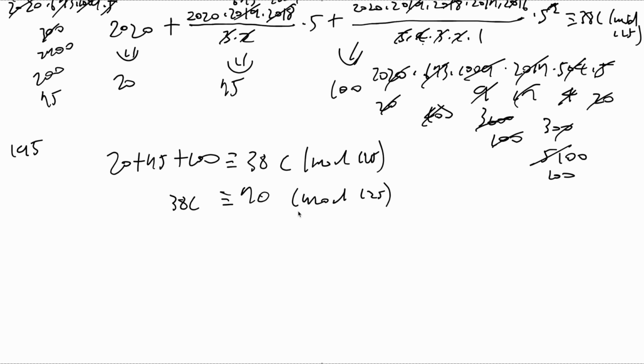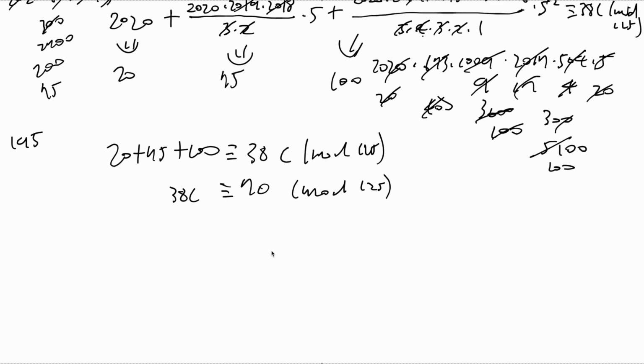I think we can divide everything by 2. We can divide everything by 2, but I don't. Okay, so let's find the multiplicative inverse of this.